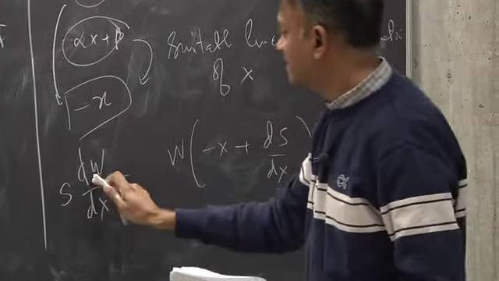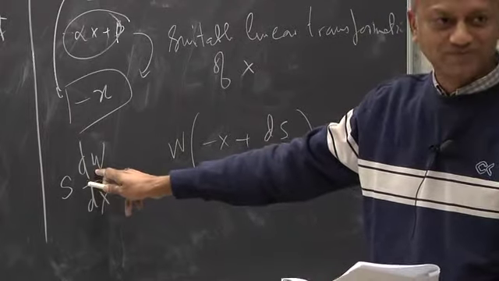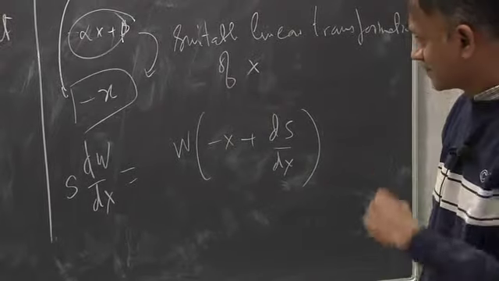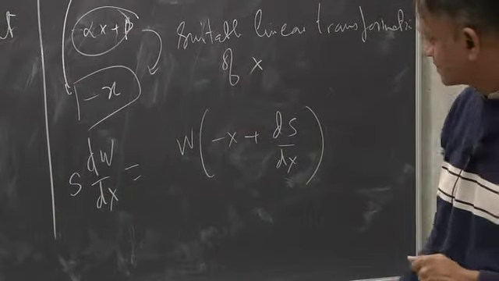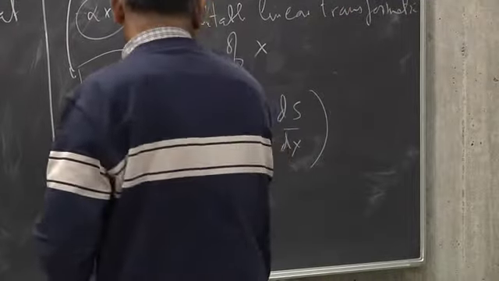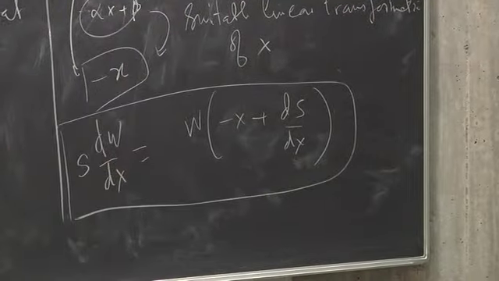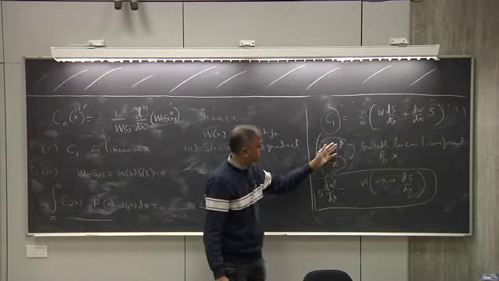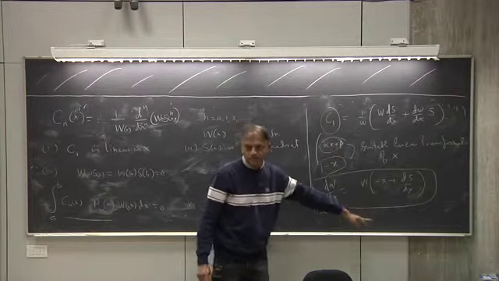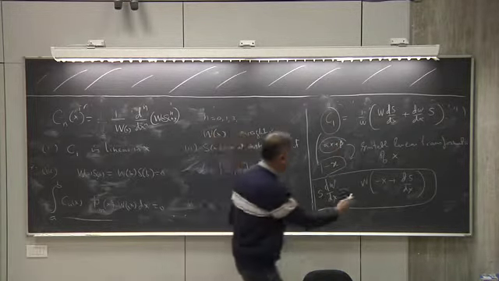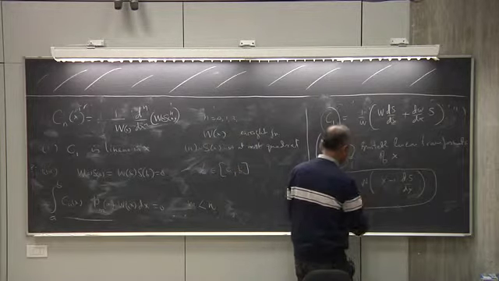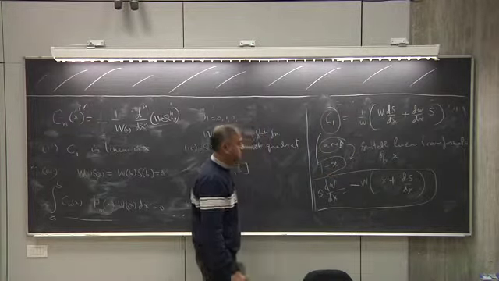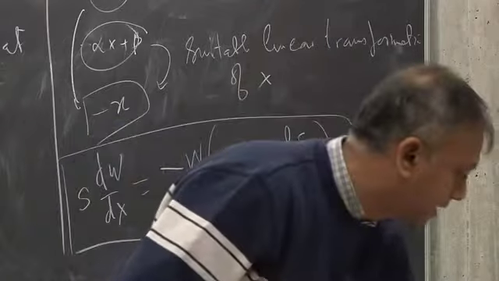This is an important equation for w, so we'll start from here. I have just implemented the first condition, that C1 is linear, and by a suitable linear transformation, I can always bring it to this form. Sorry, it's minus on this side, because I had to take this to the other side.